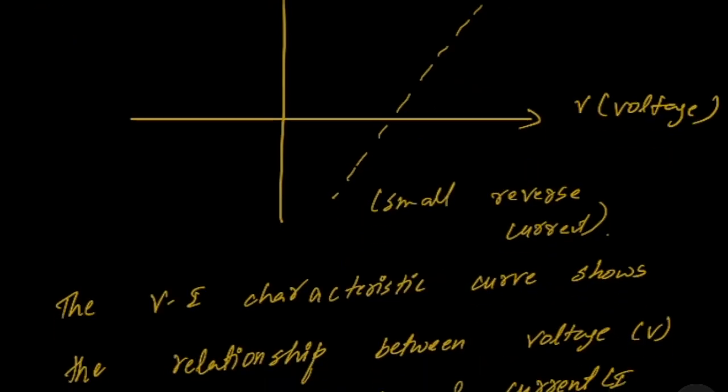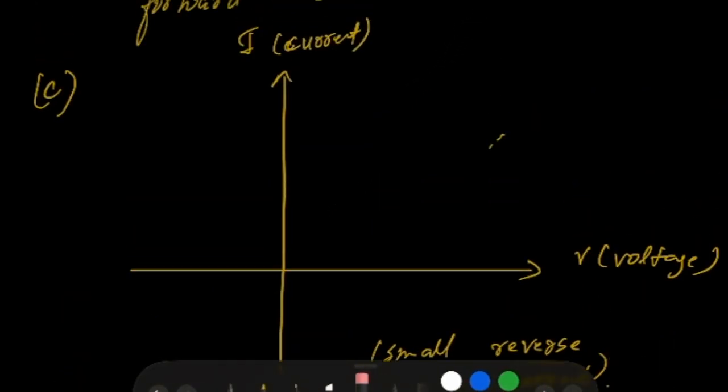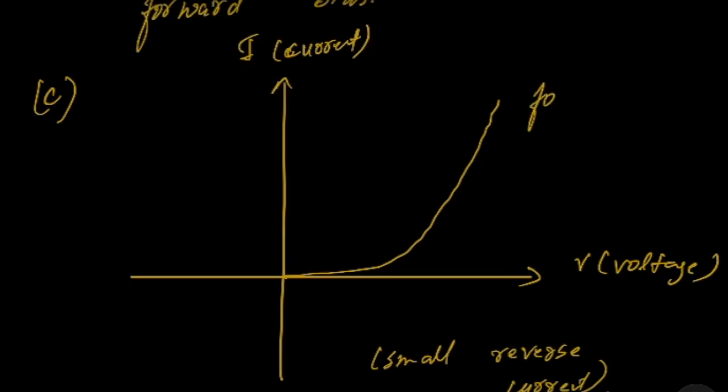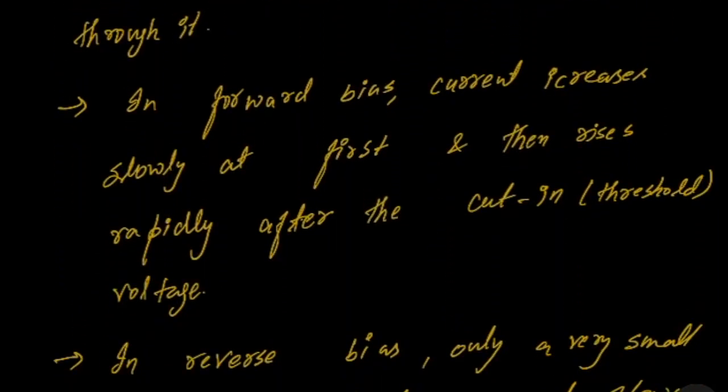I'm making the correct one. So in forward bias it should look like this. It increases rapidly after some time, so it will look like this for forward bias. As you can see, in forward bias the current increases slowly at first and then rises rapidly. So this is the diagram.